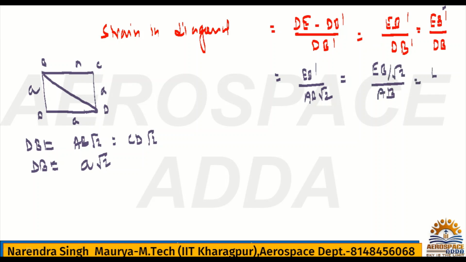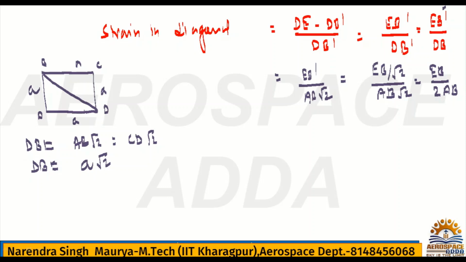So here, this is root 2 also, so root 2 into root 2 becomes 2. So 2 times of AB, you will have EB upon AB. And 2 times, why? Because root 2 by root 2 into root 2 multiply. Okay. So you will have this value.